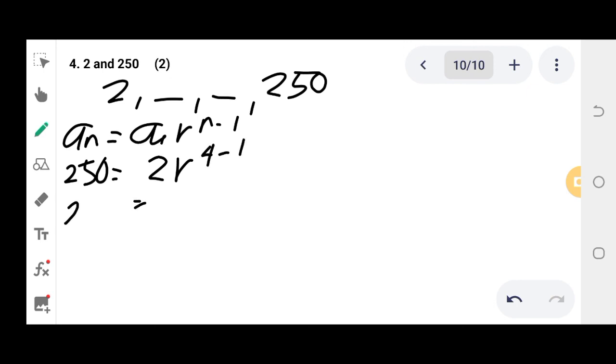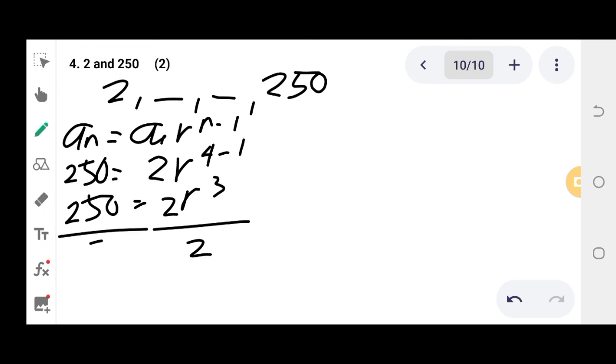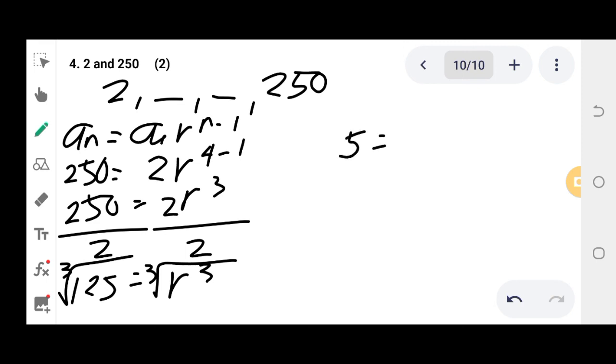So we have 250 equals to 2 times r raised to 3. Divide by 2. We have 125 is equals to r raised to 3. Finding the cube root to eliminate the exponent in the ratio, we have 5 is equals to r.